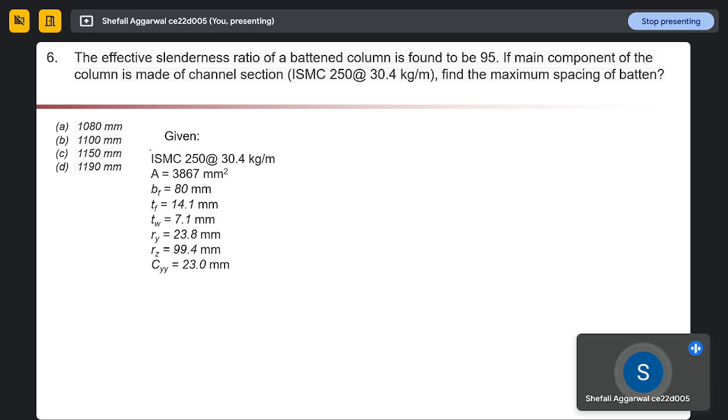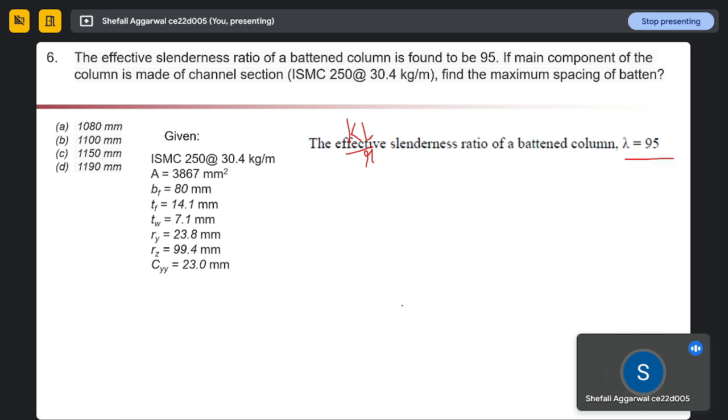So these are the different values which is given to us for the ISMC 250 at 30.4 kg per meter. So what we have to calculate? What is given to us? Slenderness ratio. KL upon R effective is given to us. So lambda is 95.